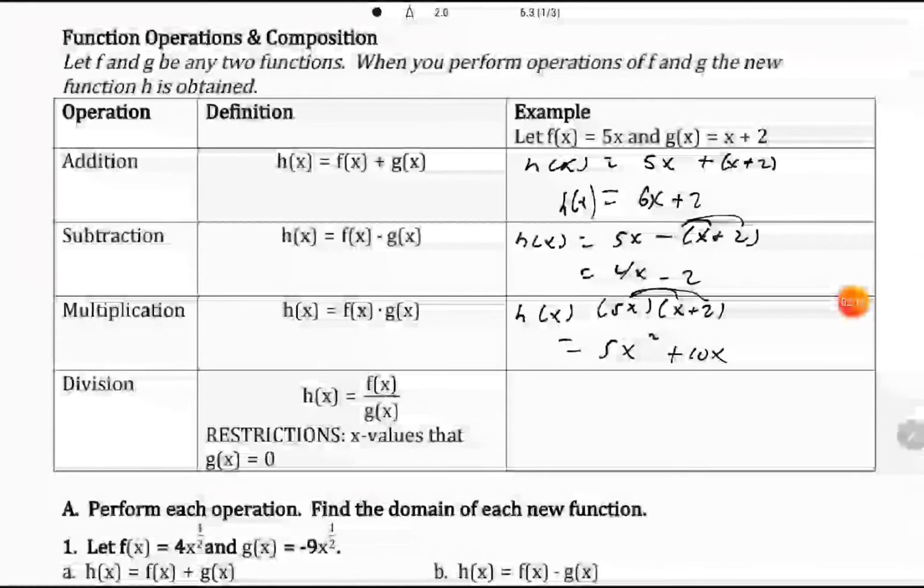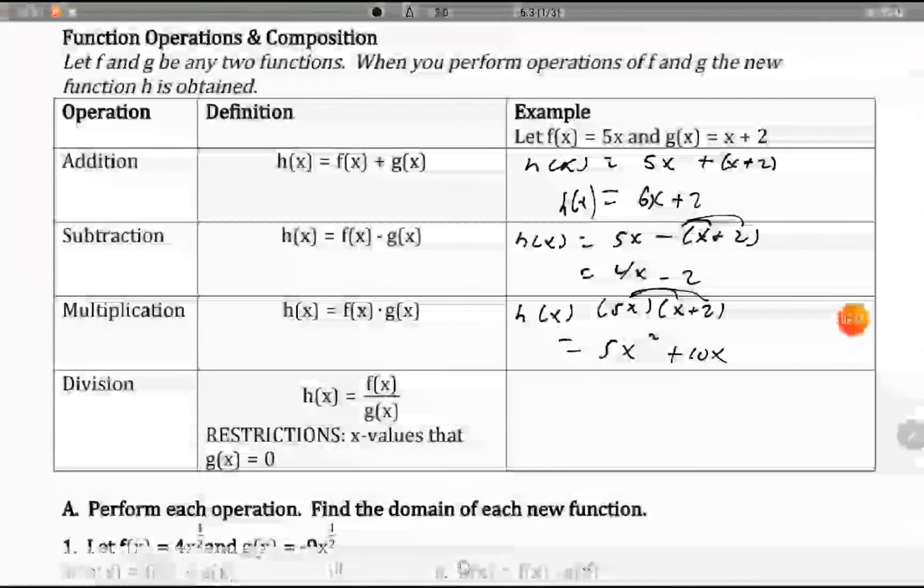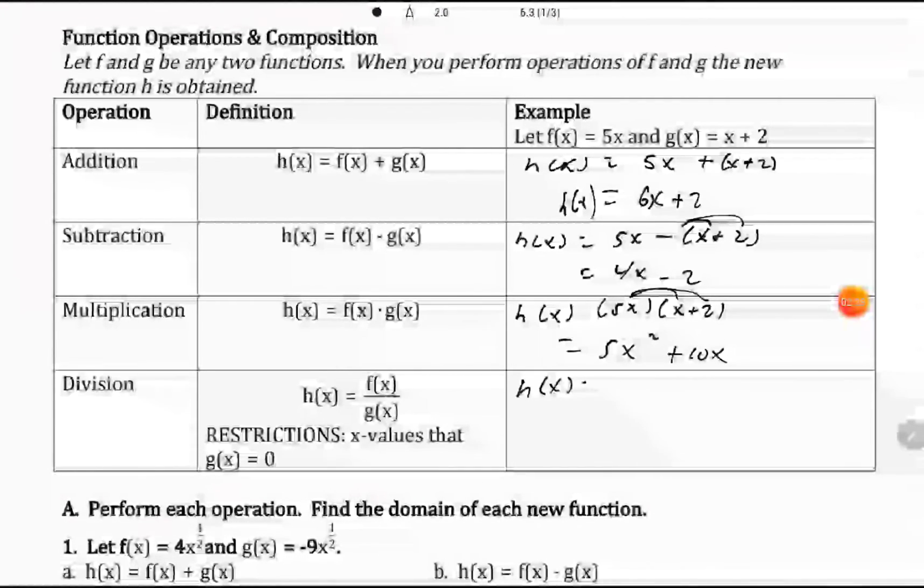H of x equals, so now we're doing division. You just divide the two. It excludes values such that g of x equals 0, so we have a domain restriction. We'll show you in that example right here. H of x equals 5x divided by x plus 2.